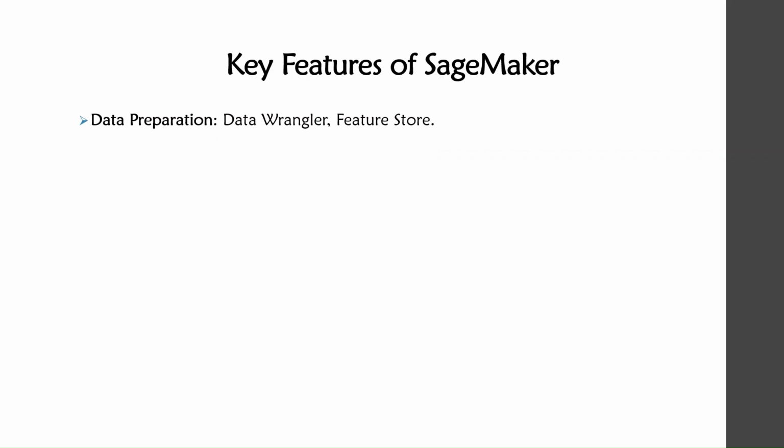Feature Store is a purpose-built repository to store, retrieve, and share machine learning features, ensuring consistency during training and inference by using the same feature definitions, and it also supports real-time and batch retrieval of features for online or offline mode production.